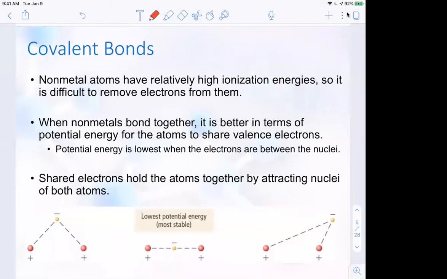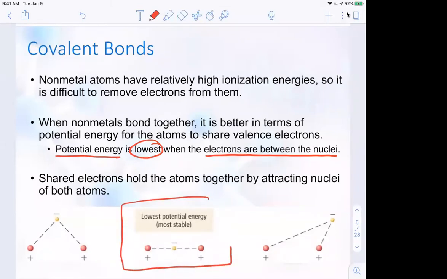So when nonmetals bond together, it is actually better in terms of potential energy for the atoms to share valence electrons instead of transfer them. And we know that potential energy is the lowest when the electrons are between the nuclei. So here, when these electrons are between the two positively charged nuclei in this bond, I have the lowest potential energy, or the most stable configuration for this particular bond.